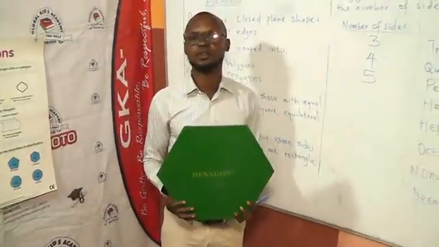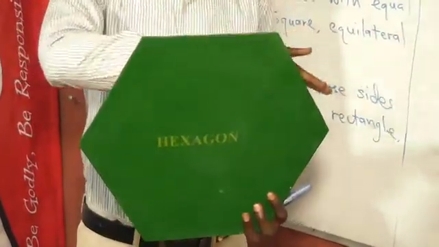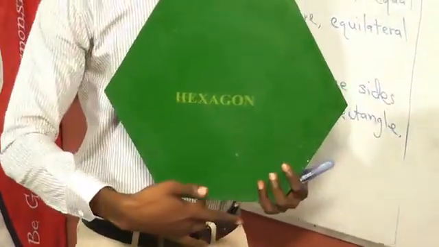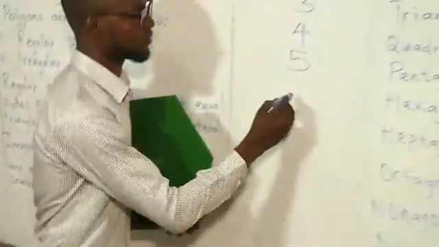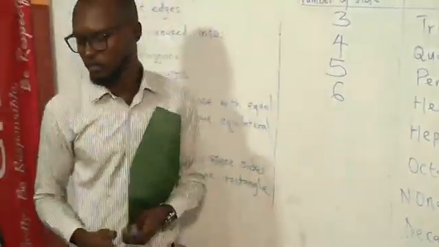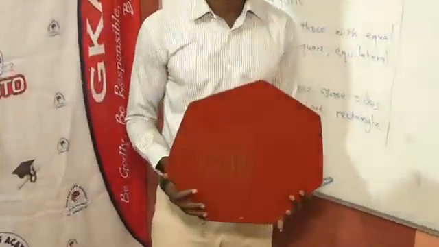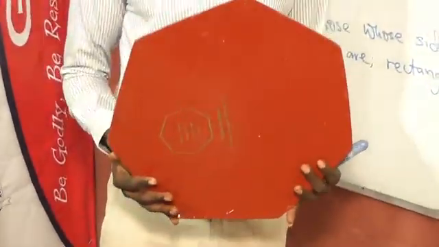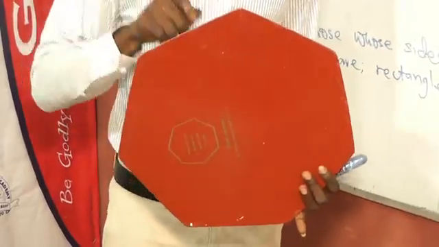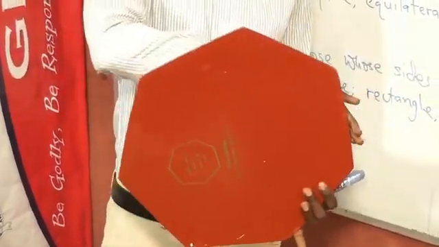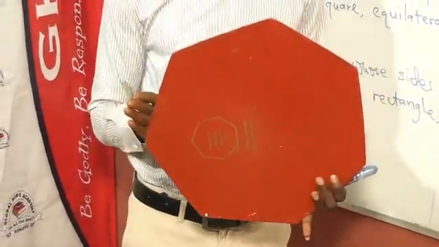A hexagon is a polygon with 6 sides. 1, 2, 3, 4, 5, 6. Next one is heptagon. A heptagon is a polygon with 7 sides. 7 sides. 1, 2, 3, 4, 5, 6, 7.